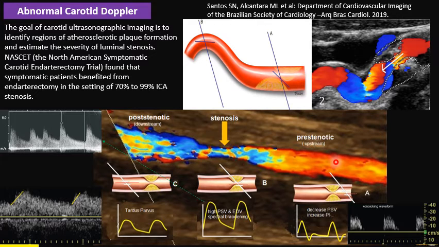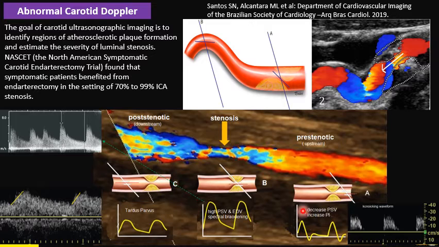In the prestenotic region, depending on the severity of stenosis, the flow pattern will be a little different. If we don't have significant stenosis, meaning stenosis less than 80%, something like that, maybe we can see only a small decrease of the peak velocity, and pulsatility index increase.